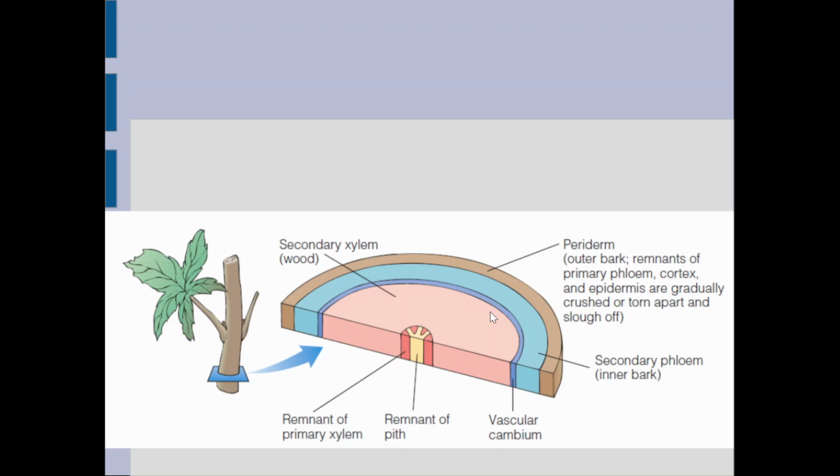So this is a cambium, and it grows in two directions and produces daughter cells.